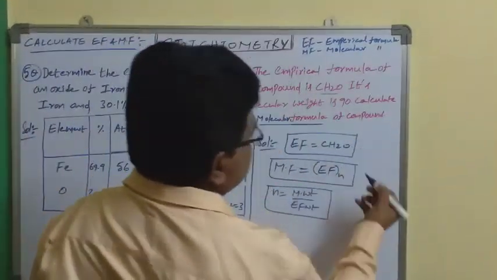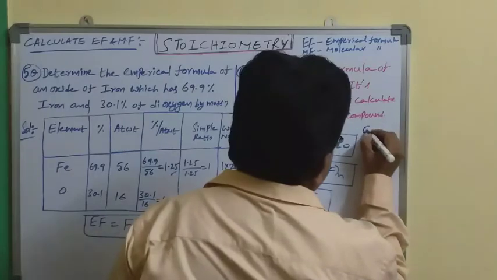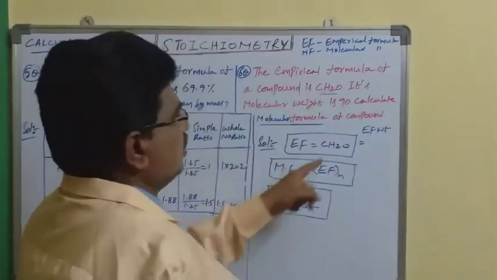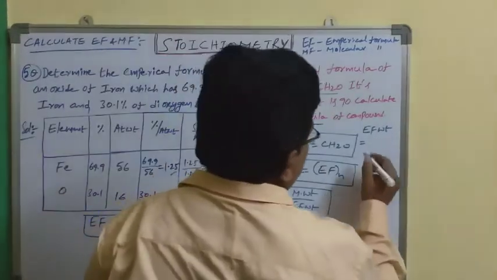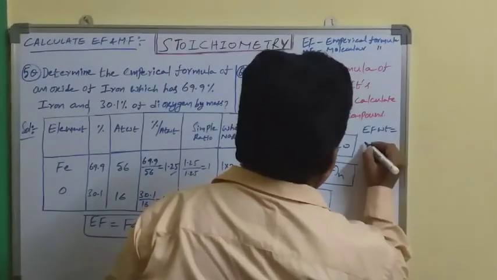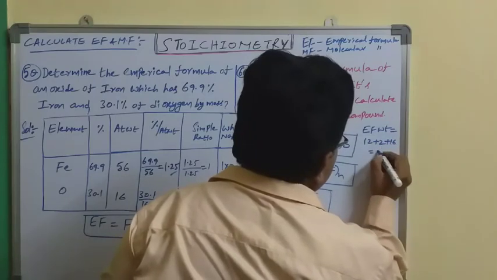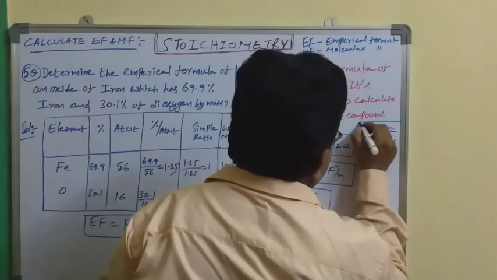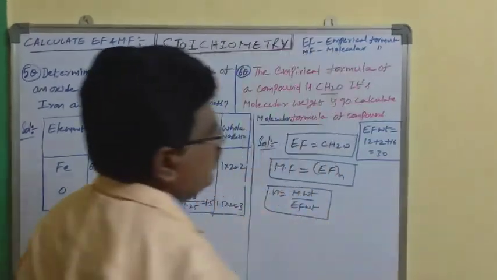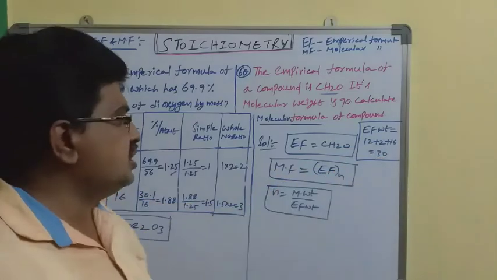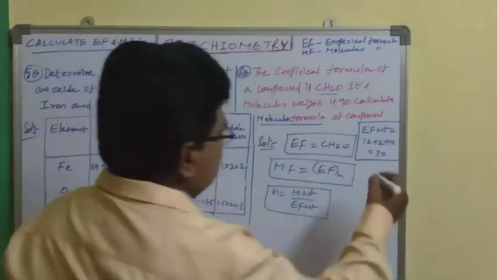What is the empirical formula weight here? Carbon 12 plus 2 plus 16, that is 30. For CH2O, the empirical formula weight is 30.